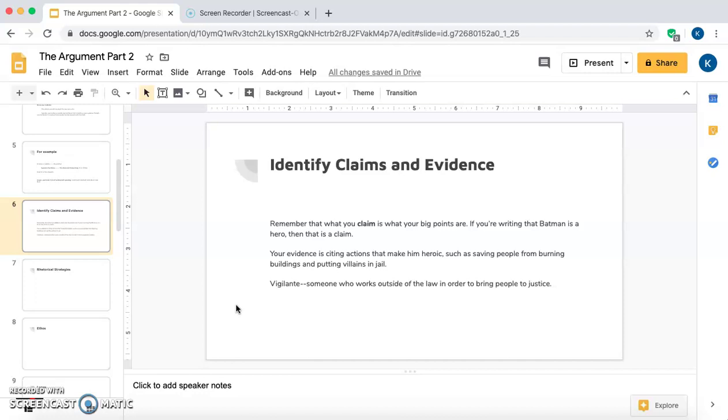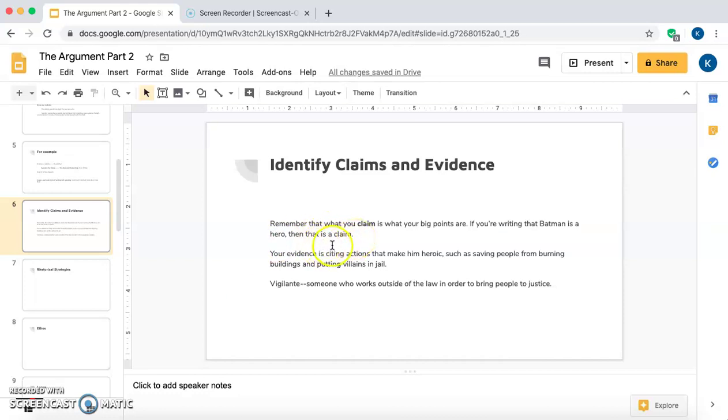So Batman holds him over this railing and gets the guy to talk. And after the guy gets his information, Batman drops him off the railing. And the guy falls and his ankles break, and Batman goes on. Well, that's not necessarily the most heroic thing to do, depending on your definition of who a hero is. So this is a point that can be argued.